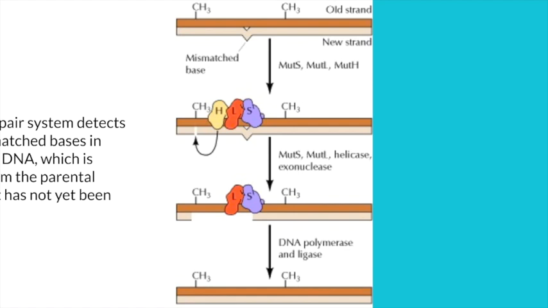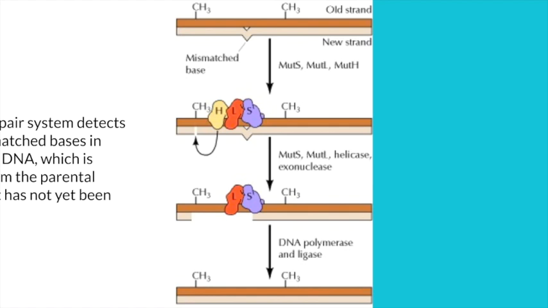So if I look at the strand of the DNA which is about to get a mismatch repair, one of the strands will be methylated, which will be the parental DNA strand, and the other strand which is yet to be methylated is the new strand which has just been synthesized by the polymerase. So it is this base which is present on the new strand which needs to be removed.